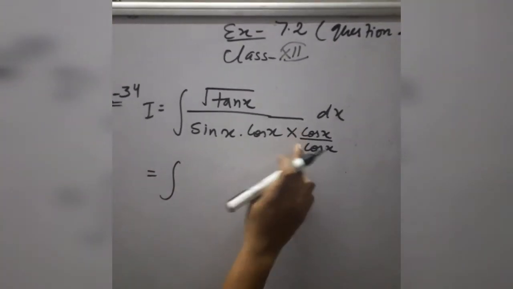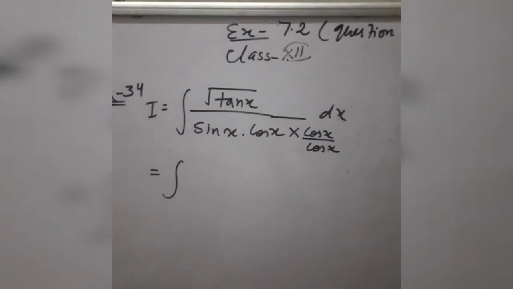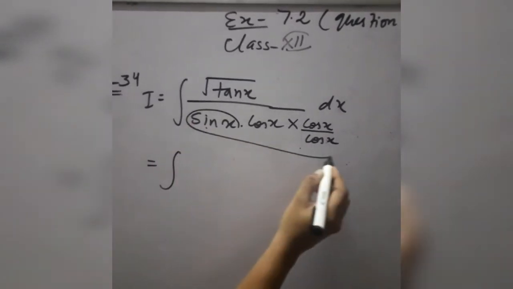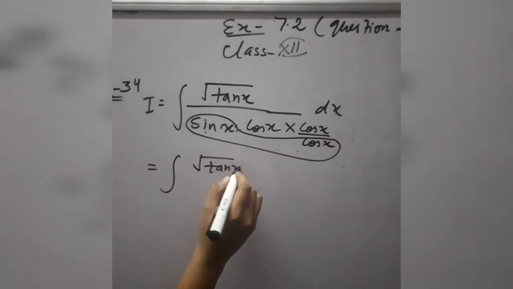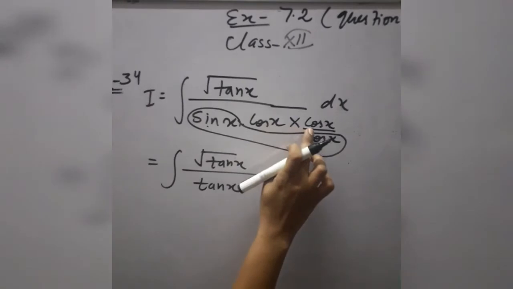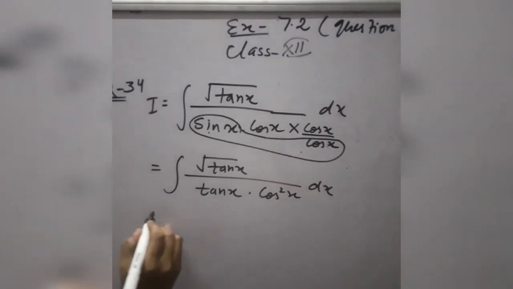When you multiply and divide by cos, this sin by cos becomes tangent, and cos into cos becomes cos square x.